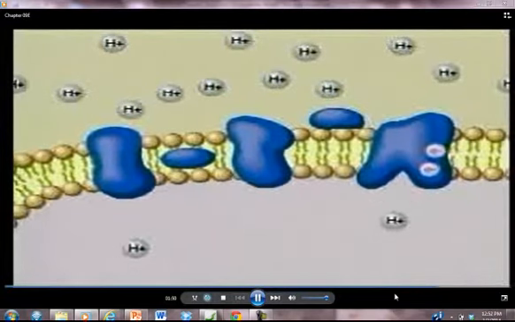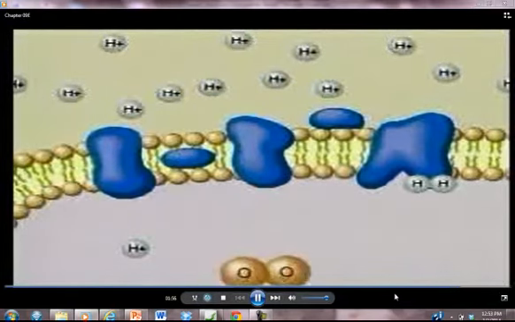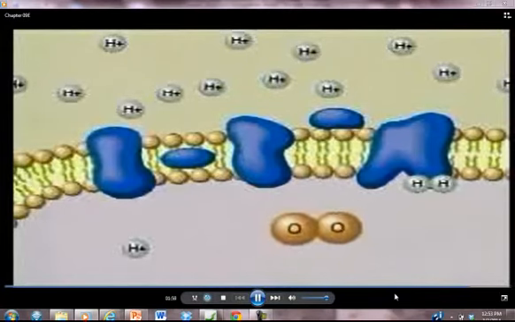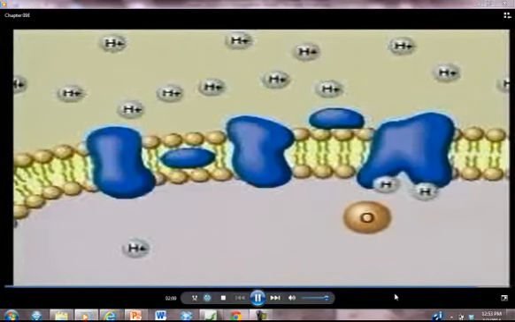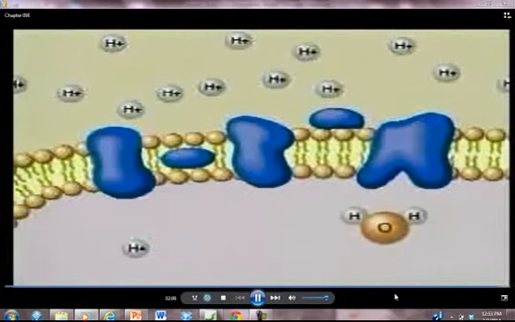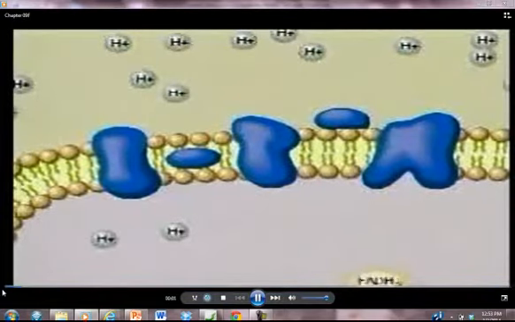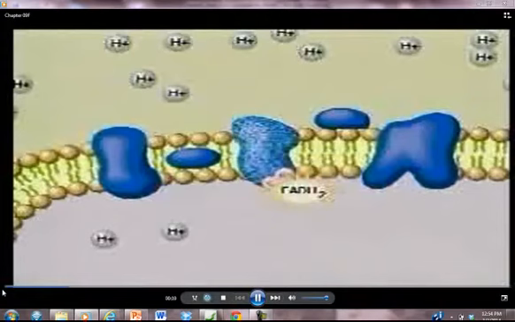The 2 electrons are now much lower in energy. They combine with 2 hydrogen ions and an oxygen atom. Oxygen, absorbed from the air when you inhale, is the final electron acceptor at the end of the electron transport chain. A molecule of water, H2O, is formed. A similar sequence of events takes place with FADH2. FADH2 transfers electrons to the second ion pump in the chain.